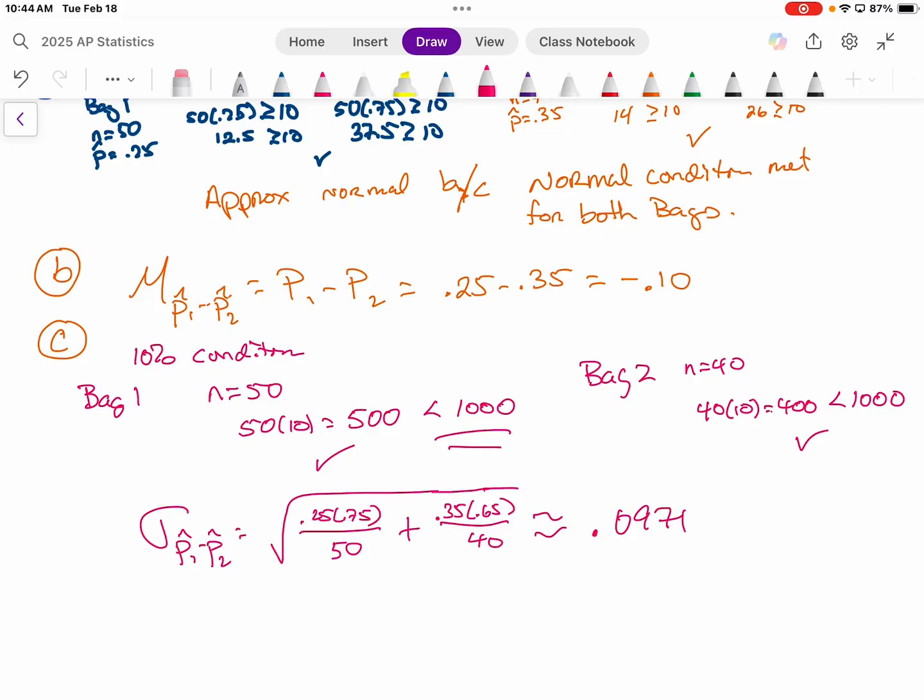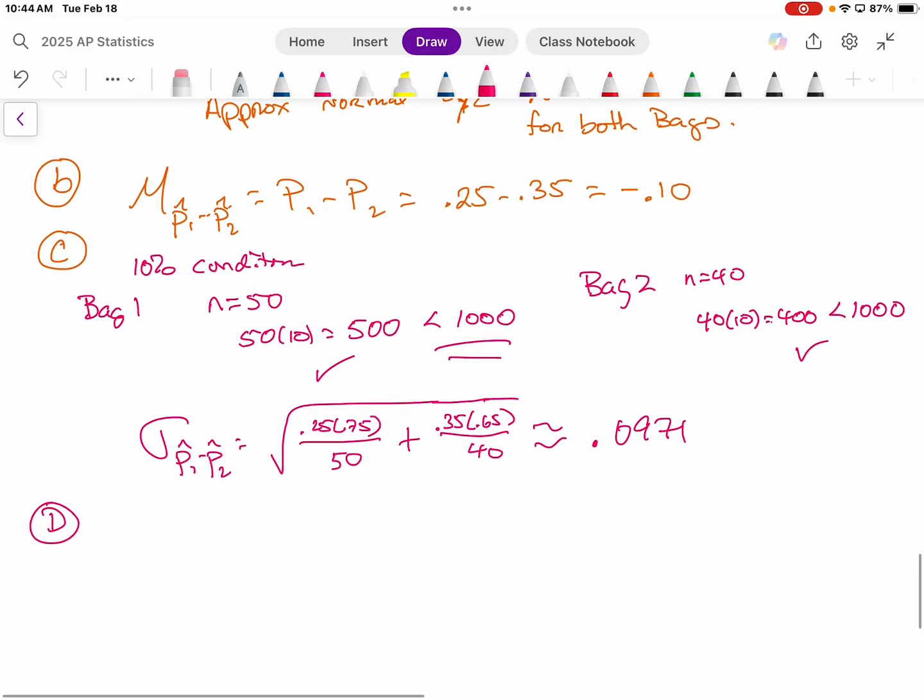All right, part D. They ask us to estimate the probability that the proportion of red crackers in bag 1, so P1 hat, is greater than P2 hat. So technically we could bring the P2 hat over to the same side. And that tells us that we're doing P1 hat minus P2 hat.